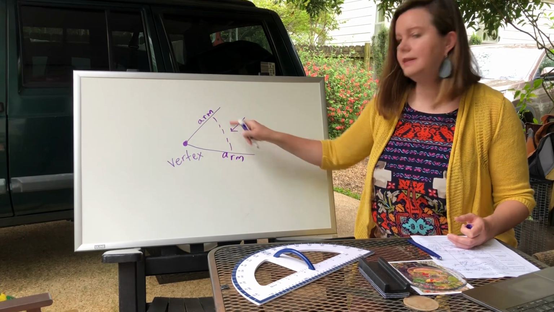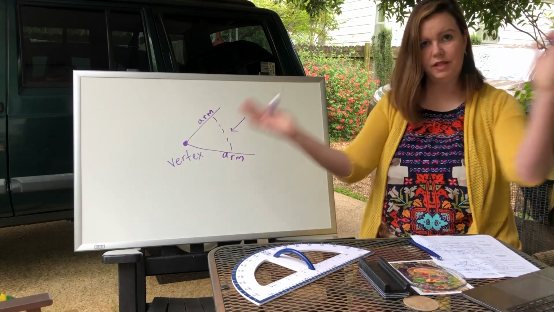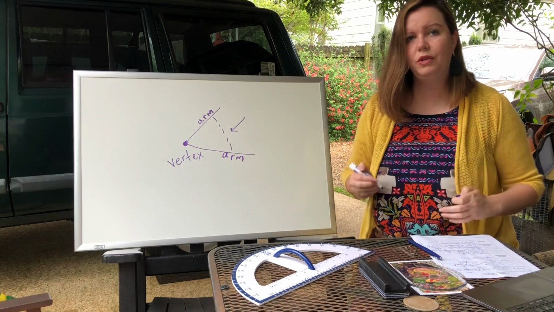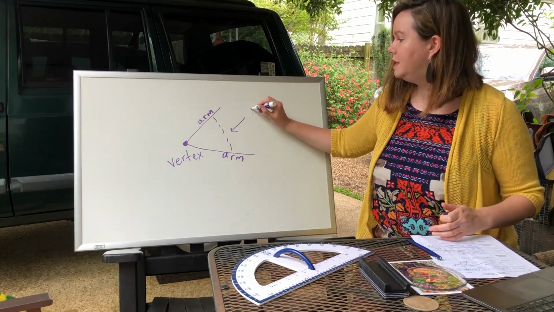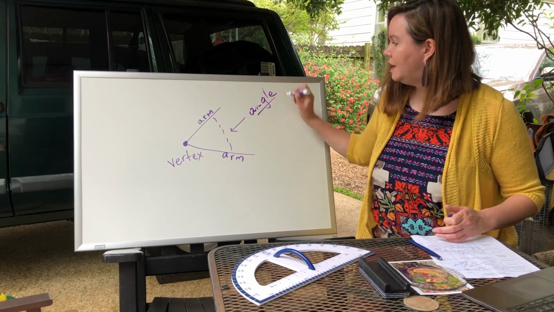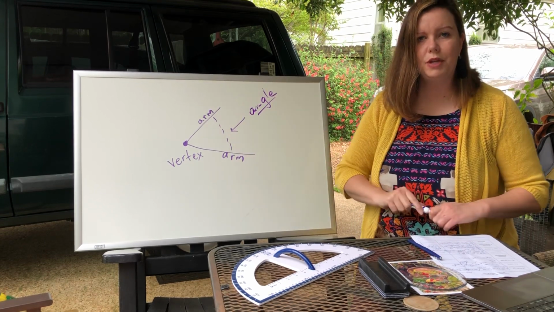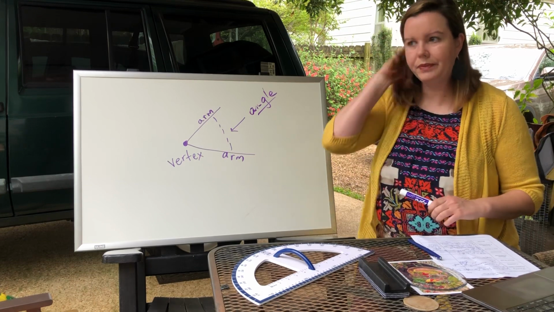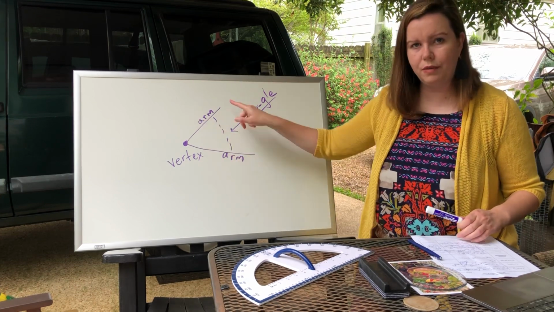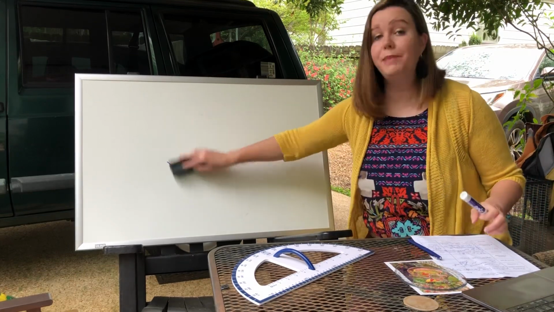And this is the angle. It can be a larger angle, it can be a smaller angle, and we'll learn about the differences in those. But this part is the angle, the measurement. Okay? Vertex, arm, angle. We'll come back to that.